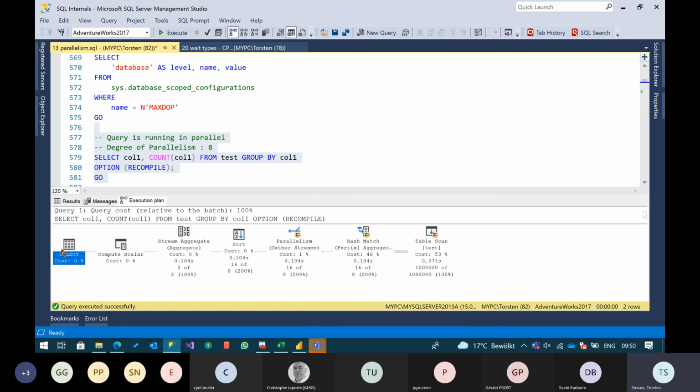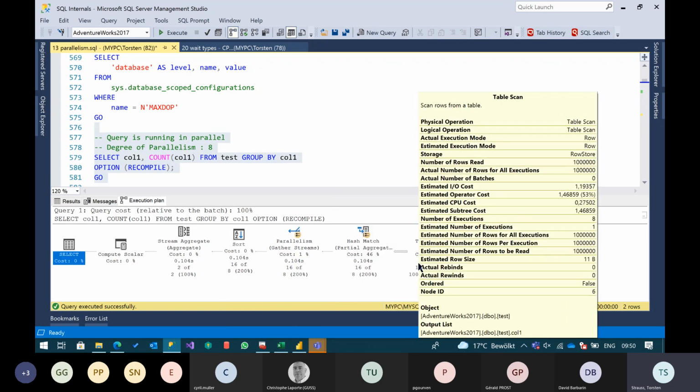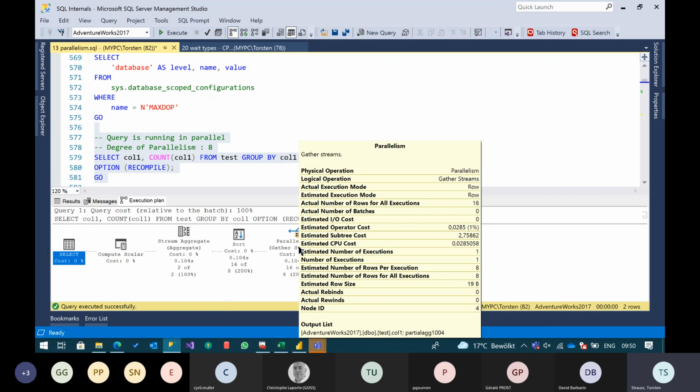So not the entire plan, not the entire query is running in parallel, just half of it. So in the end, we will always end up with a so-called gather stream, because all the threads have pages, they have to combine. And once all the pages or all the rows are combined, then this operator will pass all the rows to the next operator in a serial manner. So that's it.